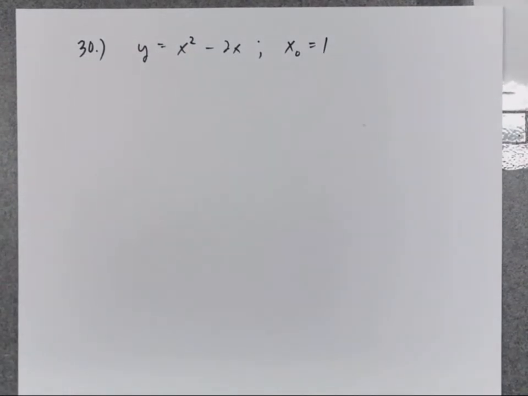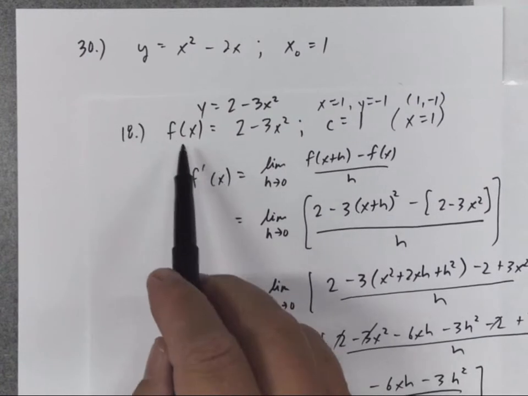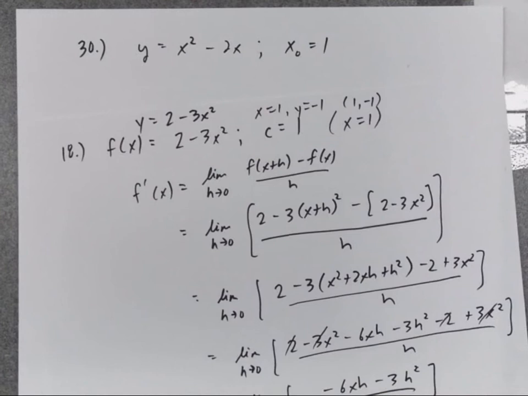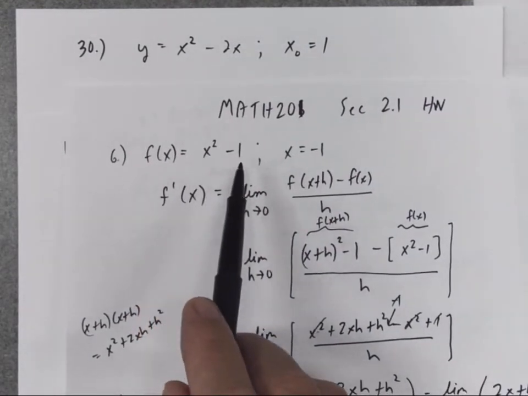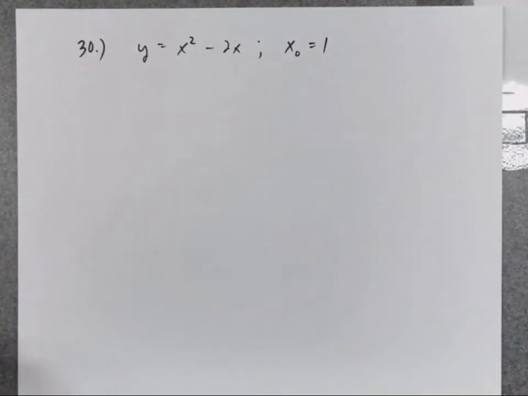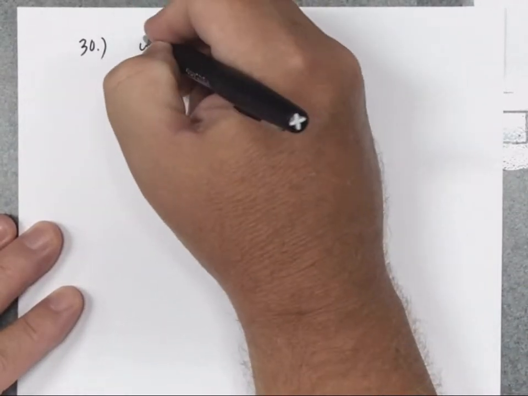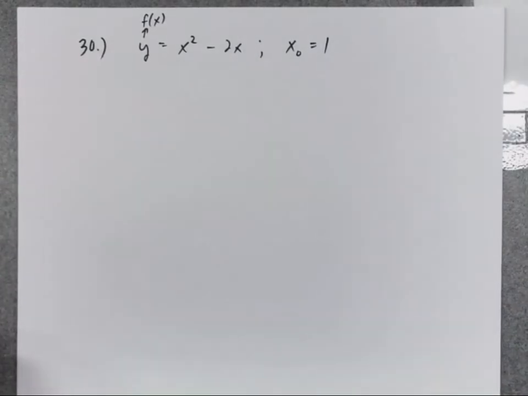All right, so now we talk about some notation. I think the first two problems I've done, when they've given me the problem, they have written it in function notation. F of x equals 2 minus 3x squared. The first problem was f of x equals x squared minus 1. Well, hopefully you remember from way back in math that y and f of x are interchangeable.